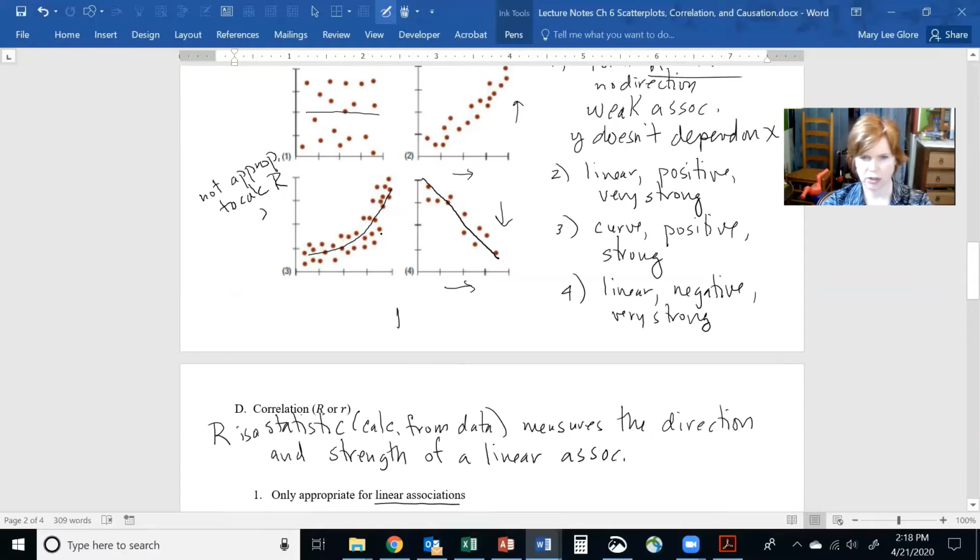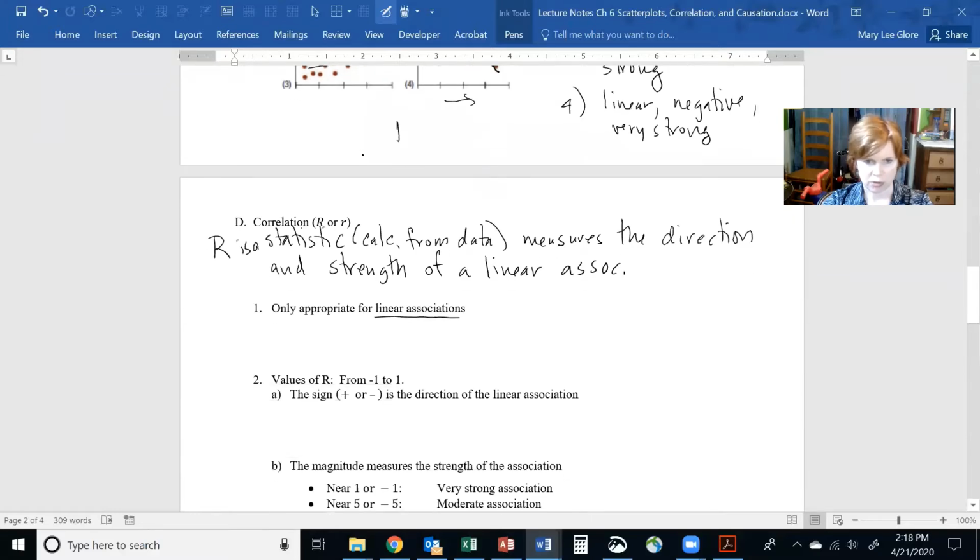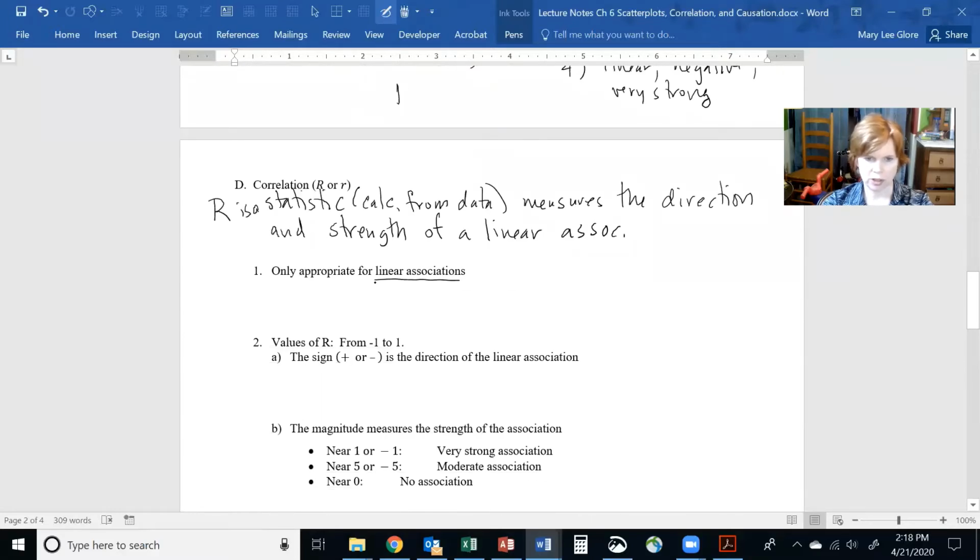Here I'd definitely want to calculate R for that guy and R for this guy. I could measure R for this guy, but it wouldn't really tell me much. We'll talk about what that means. So it's only for linear. If the scatter plot is curved, then don't calculate R.